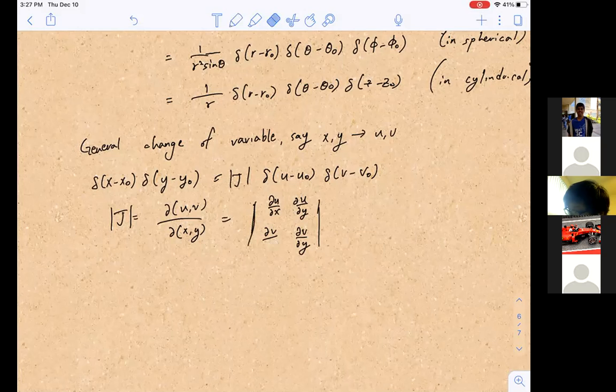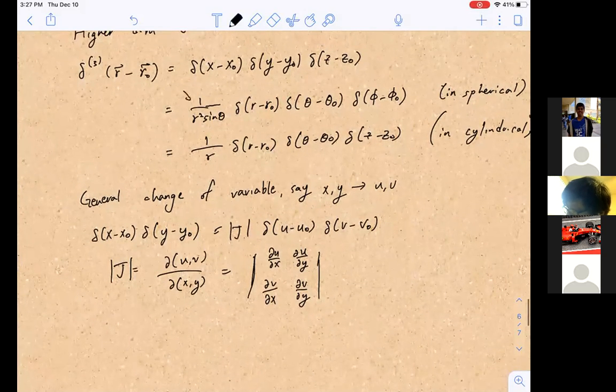Okay, so you can use this to understand why we have these factors in front. These are precisely the Jacobians. Is it 1 over the Jacobian?